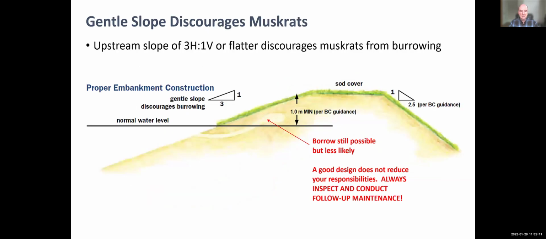So if you went for a more gentle slope, this burrow that's shown here is probably a lot less likely to occur, because the muskrat doesn't like that kind of geometry for their burrows. So that's one strategy. If you're dealing with muskrats all the time, it's a real problem. If you're building or repairing a dam, maybe flatten that slope. Here it's a 3-to-1 slope.